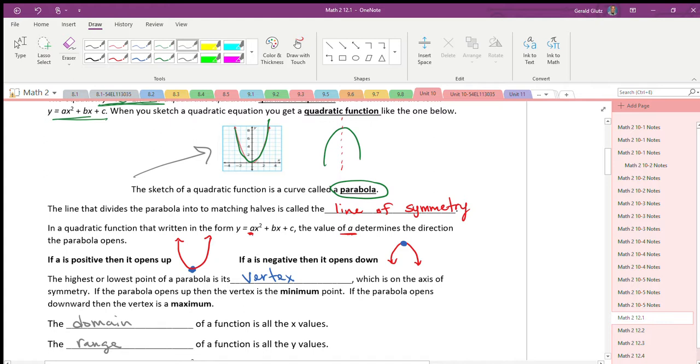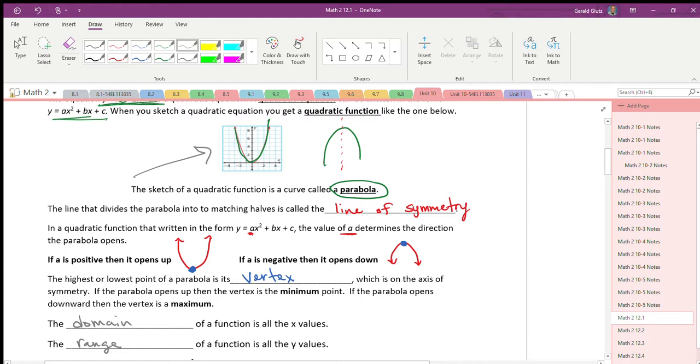In fact, in this class, the domain is almost always going to be all real numbers because quadratic graphs always go left and right forever. However, the range tells me how far up and how far down the graph goes. This graph is going up forever, so it's going to keep touching every single y value as it goes up, but it does not go down forever.